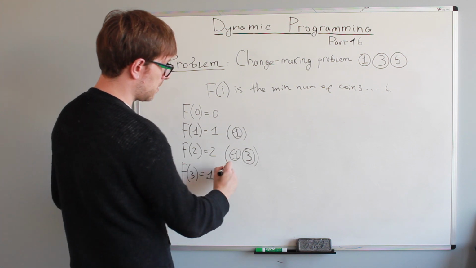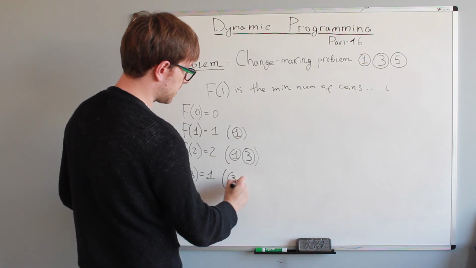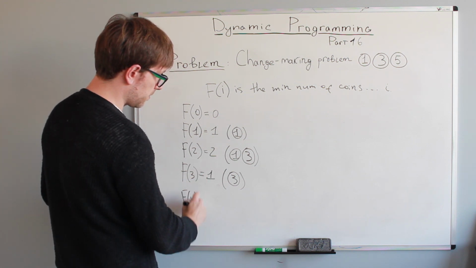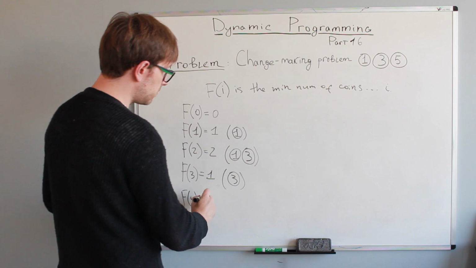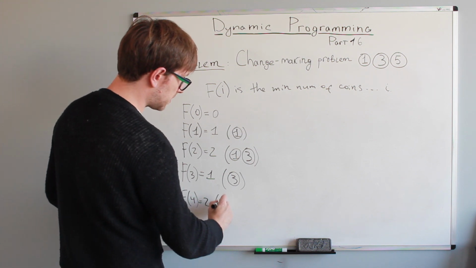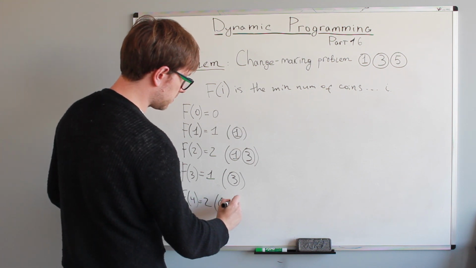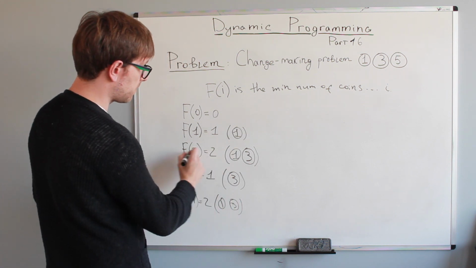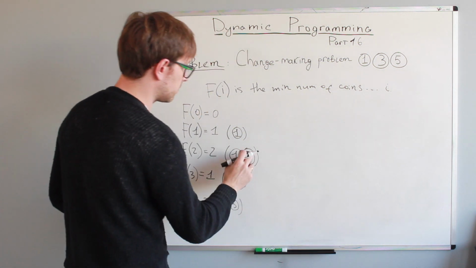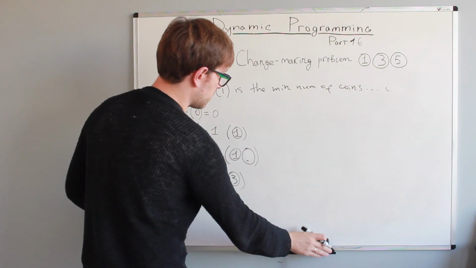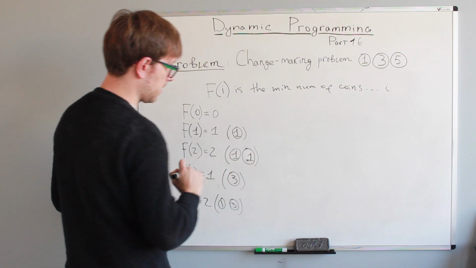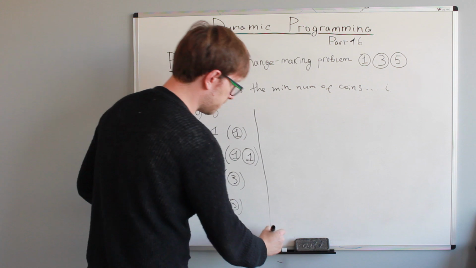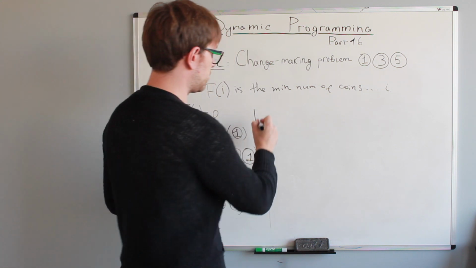This is the minimum because we can just use 3 cents. And so on. f of 4 would equal 2. We can use 1 cent and 3 cents. I'm sorry, f of 2 is not 1 and 3, it's 1 and 1.